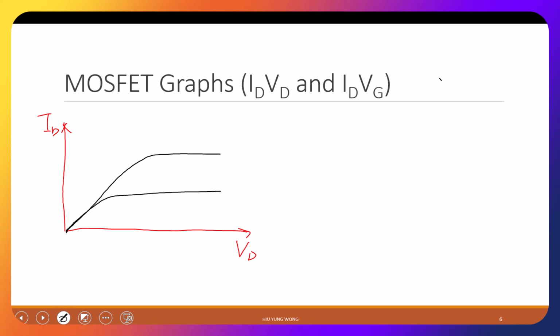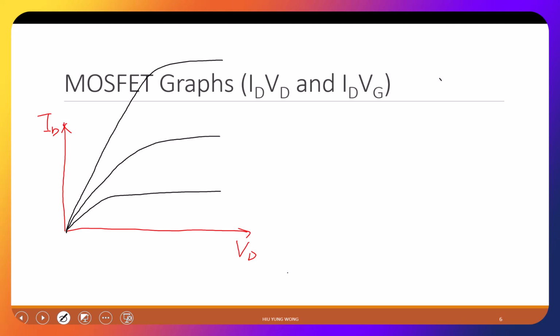This is not a good drawing. Of course, when the drain voltage increases, the drain current increases. Then why do I have different curves? Why do people show different curves for one transistor? For different VG. Very good.